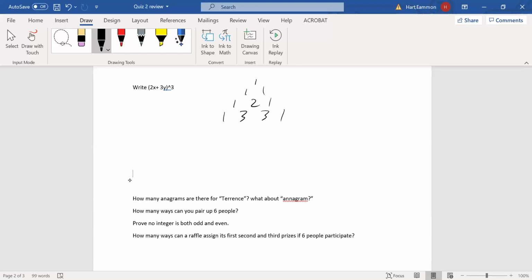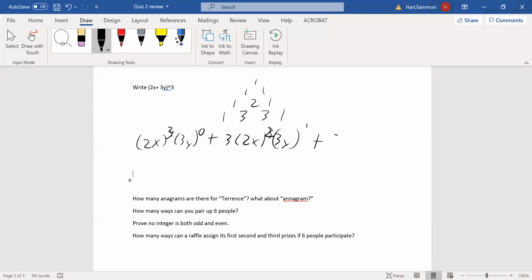So if we were to do this out, we would get 2x to the 3 times 3y to the 0, plus 3 times 2x squared times 3y to the 1, plus, oh sorry, this should have been 3, this should have been squared.